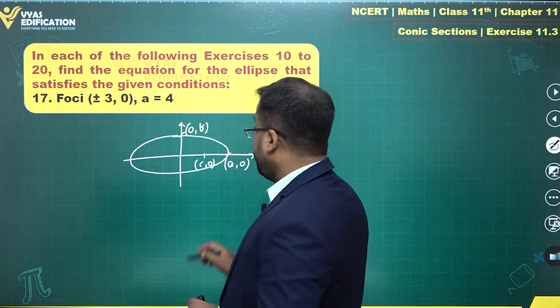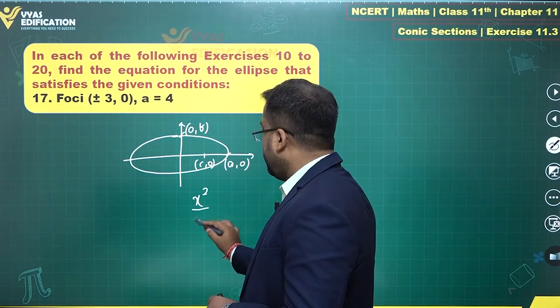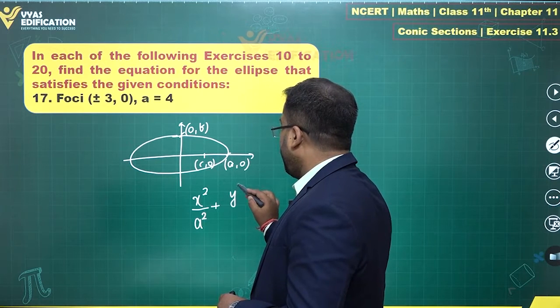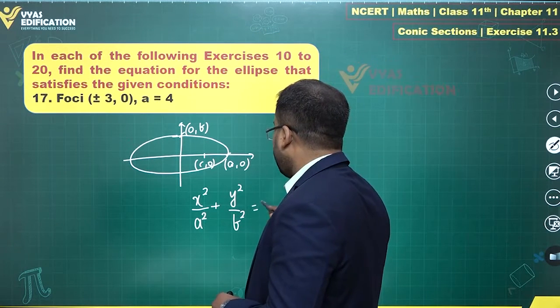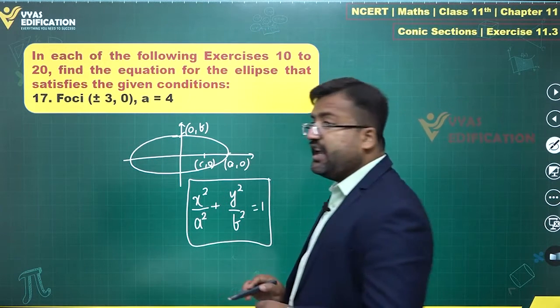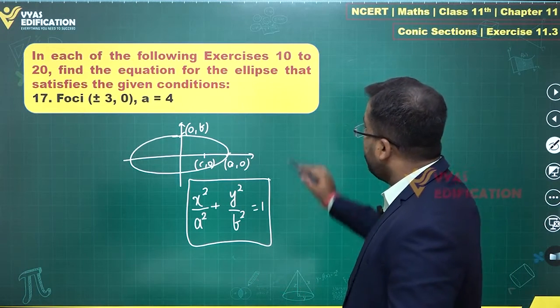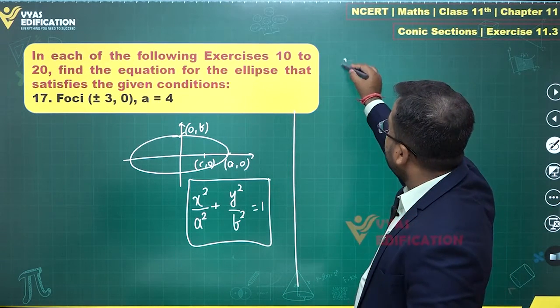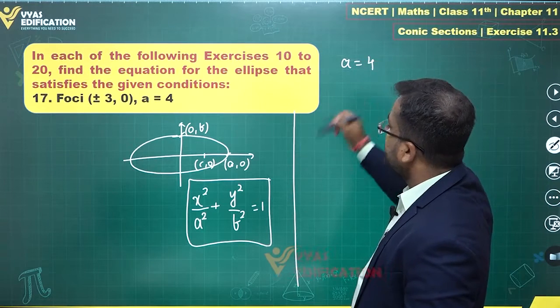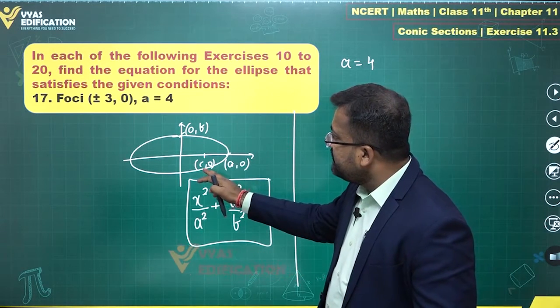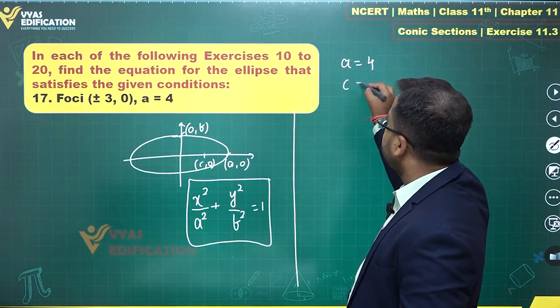The equation will be x square upon a square plus y square upon b square is equal to 1. This is the required equation of the ellipse, wherein from the given conditions I know that a is equal to 4, that is one thing that is sure, and foci being plus minus 3 comma 0, we have c equals 3.